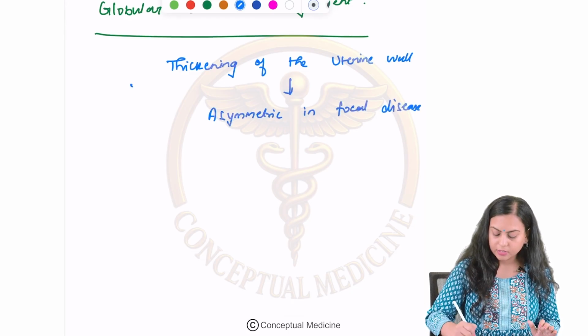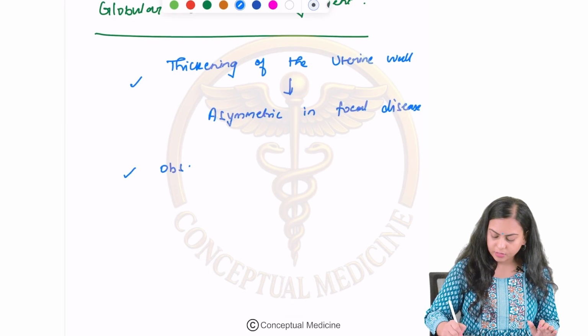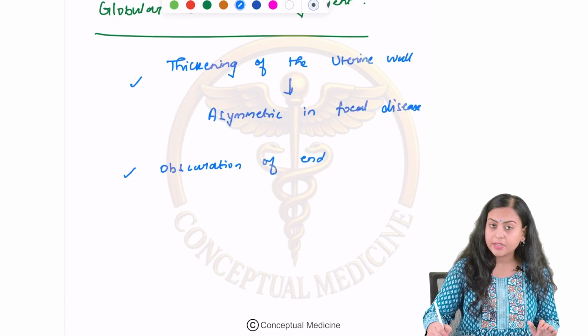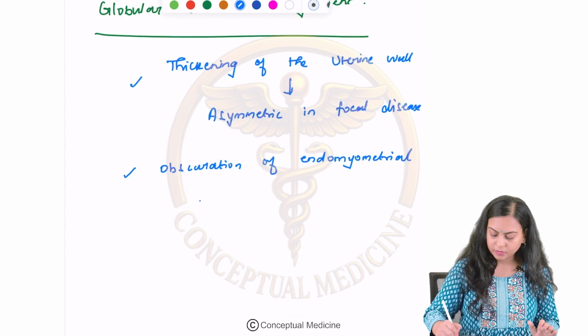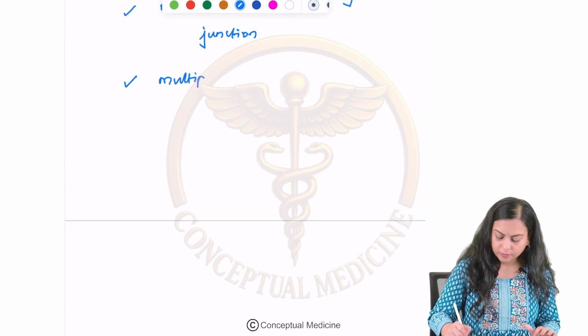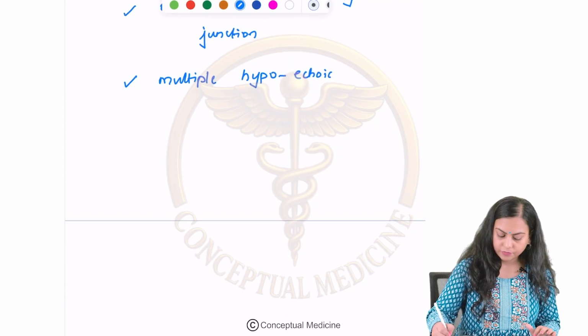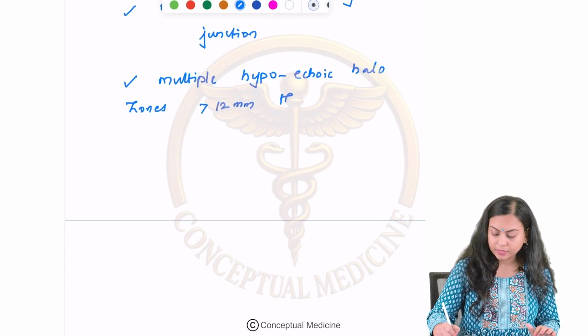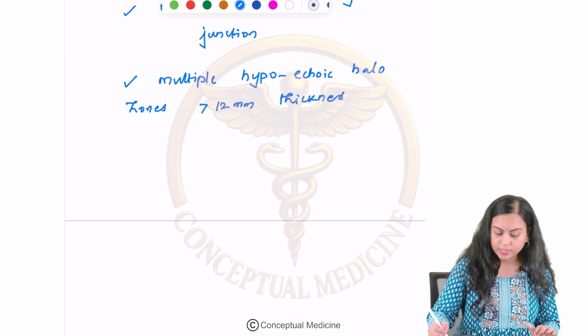Definitely, there can be obscuration of the endomyometrial junction, and multiple hypoechoic halo zones of more than 12 millimeter thickness can also be seen.